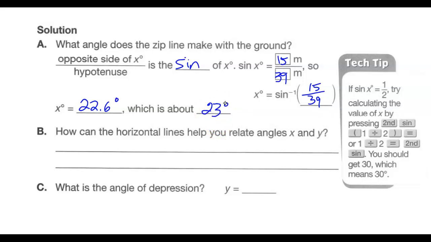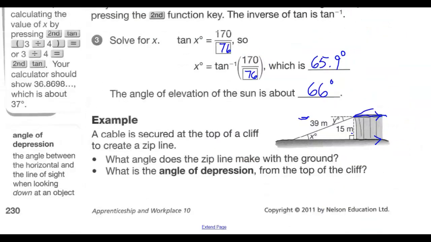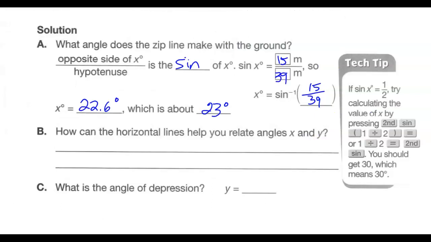So take a look then back at the diagram. As I mentioned, there are some horizontal lines. The angle of depression is up here. We just calculated this, but we know that those are equal by the Z rule, as was the abbreviation. So those are alternate interior angles. How would we word that?